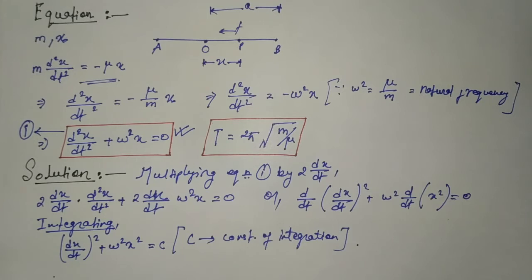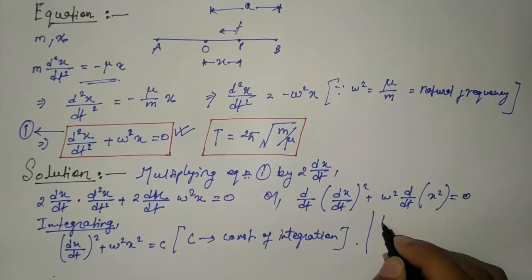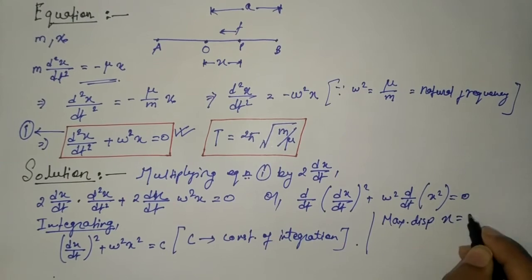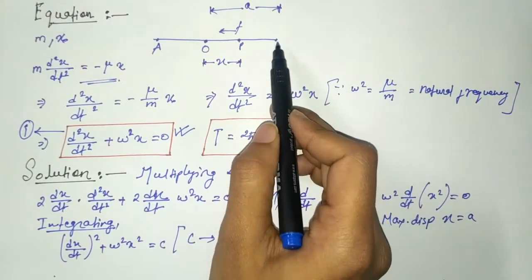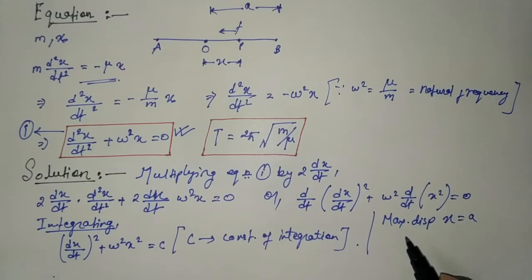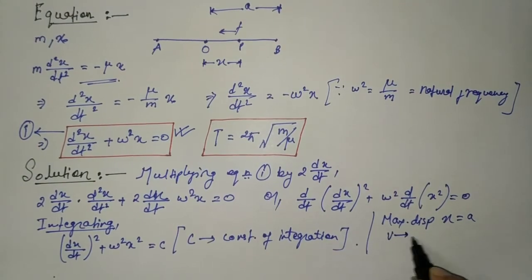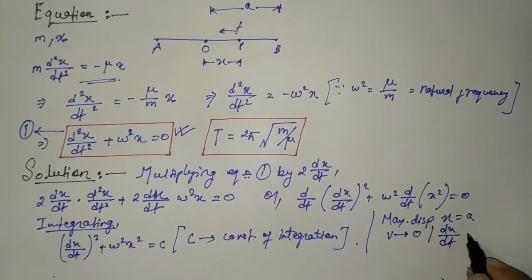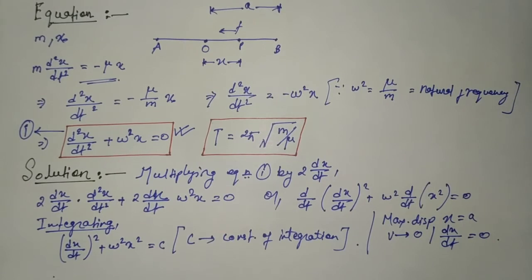Now the velocity dx/dt of the simple harmonic particle is 0 at its maximum displacement. And what is the maximum displacement? The maximum displacement is x equal to a. As you can see here, it is the extreme point, so it is the maximum displacement. So here velocity v will be 0, so dx/dt will be 0 at this point.